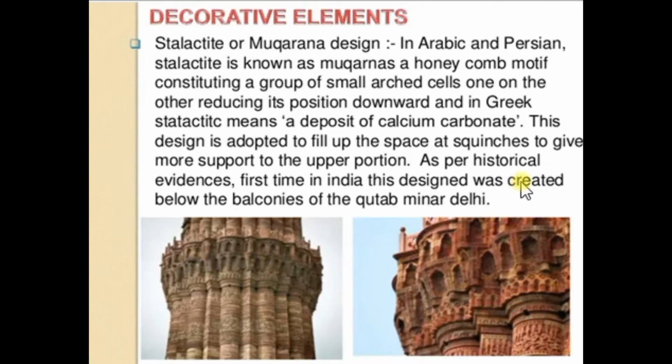This design is adapted to fill up the space in squinches to give more support to upper portions. As per historical evidence, the first time in India this design was created below the balconies of Qutub Minar, Delhi.